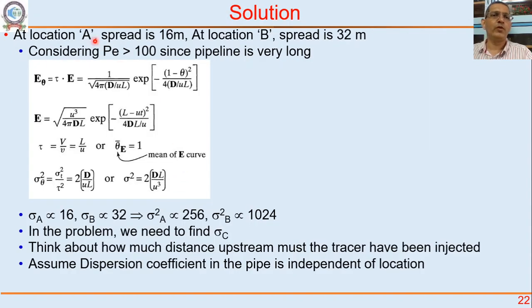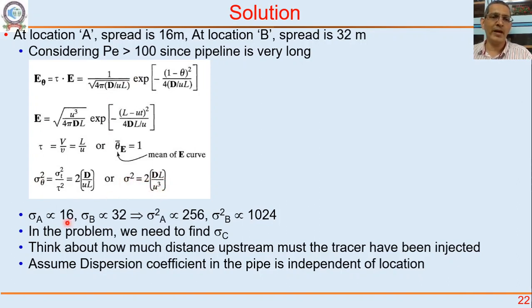Okay. So at location A, spread is 16 meters. At location B, spread is 32 meters. We consider Peclet number is more than 100, because the pipeline is very long. So now E theta would be given by this Gaussian expression. Sigma theta square would be this, or sigma square would be 2DL by u cubed.